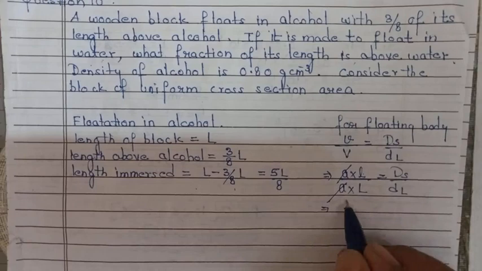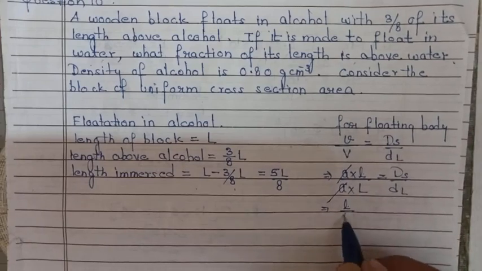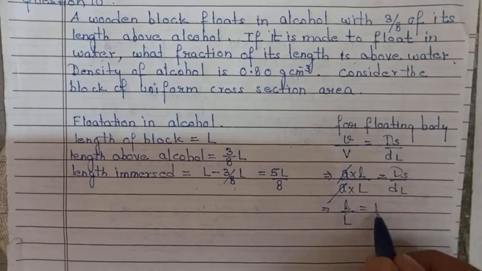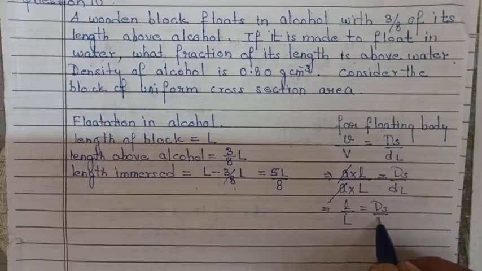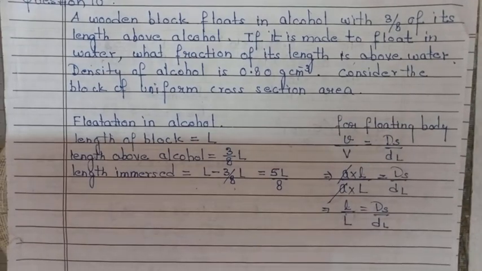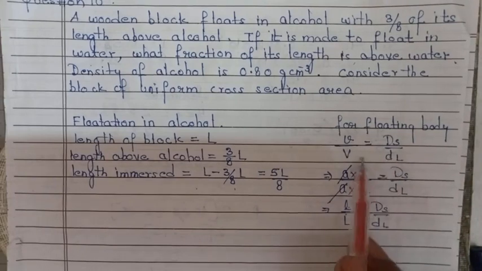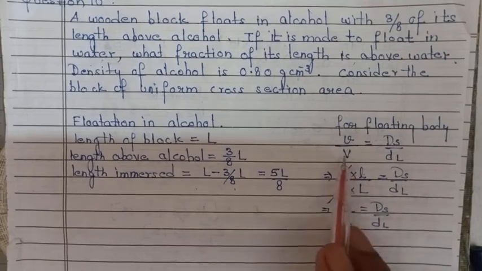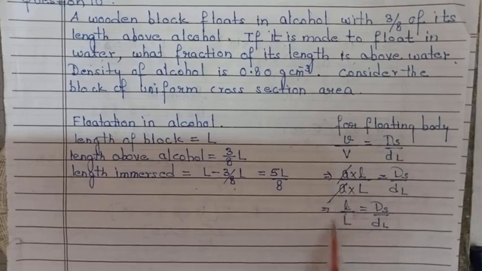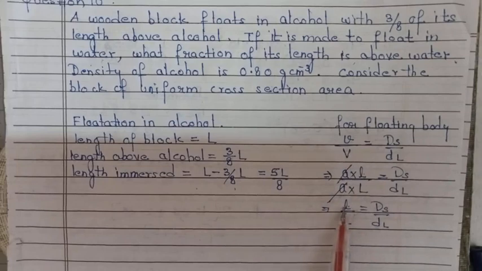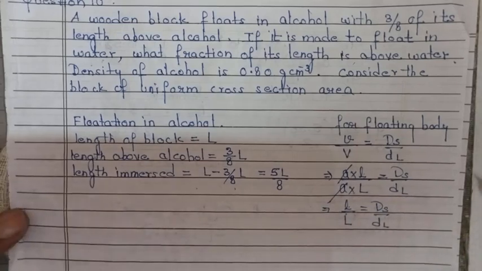So we are getting the relation: length submerged upon total length is equal to ds upon dl. So remember, we have this formula for a floating body, and if it's given in the question that the body is of uniform cross section, then you can rearrange this formula like this. Small l is the length submerged, capital L is the length of the body, density of the solid upon density of liquid.